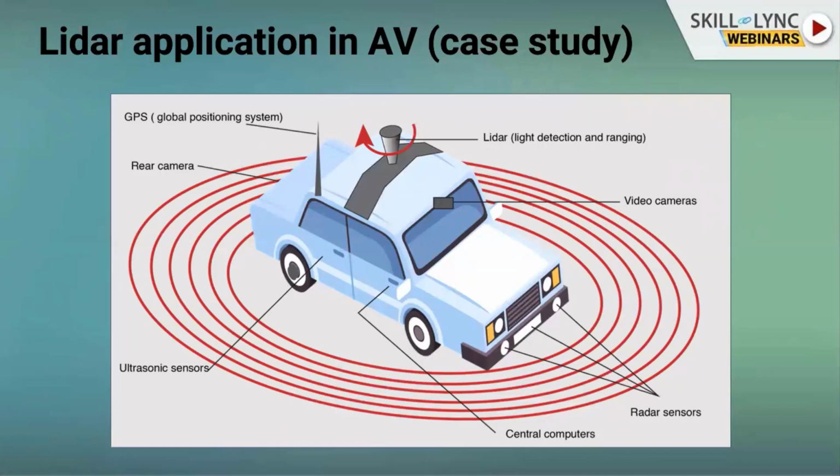Say you are going to hit someone at 1 centimeter of distance, like you are overtaking a car, and there is a 1 centimeter gap between your car and the car in front of you. Radar in that case cannot give the precise distance between your car and the other car.